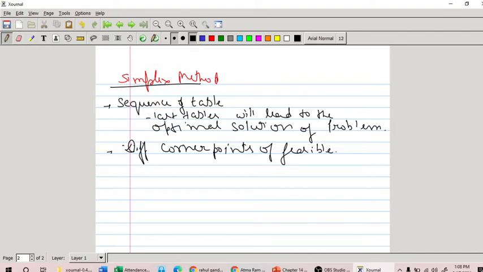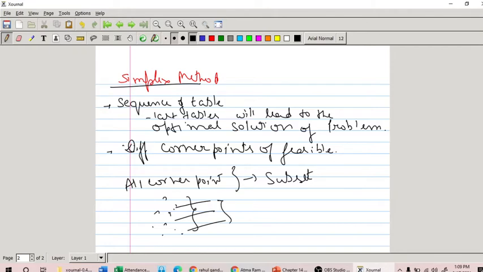Since the variables are more than 2, there can be 4, 5, 6 variables, we cannot examine all the corner points, but we will pick a subset, a sample of them, to evaluate for the optimal solution.